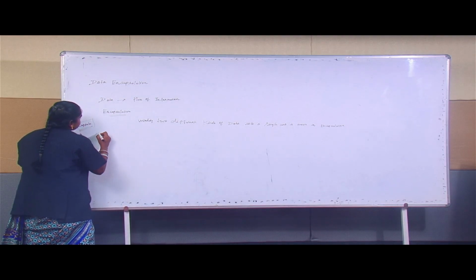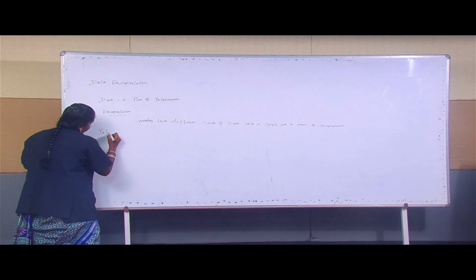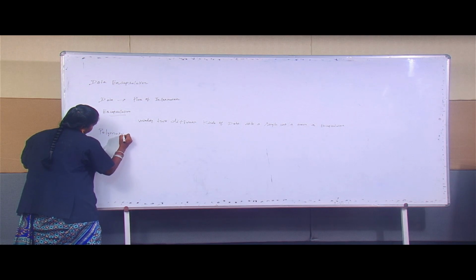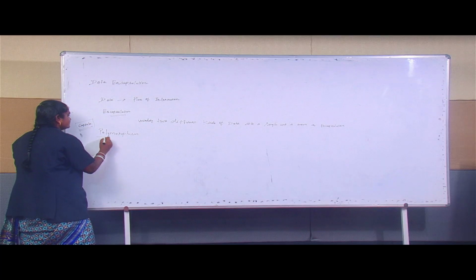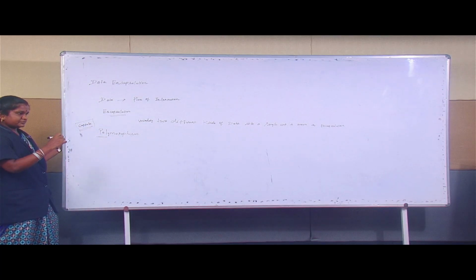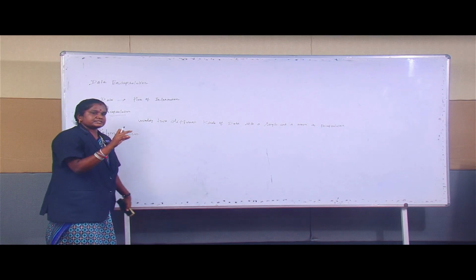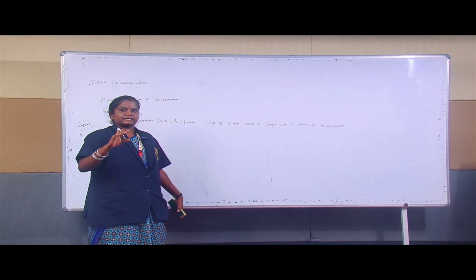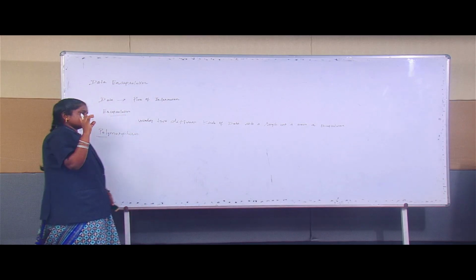Next, one more feature is polymorphism. What is poly? Poly means many. Morphism means existing of one character in another.